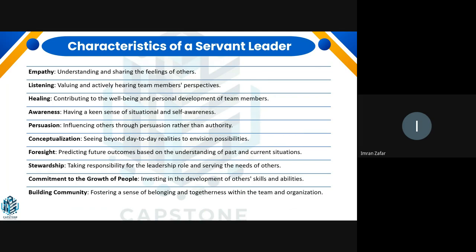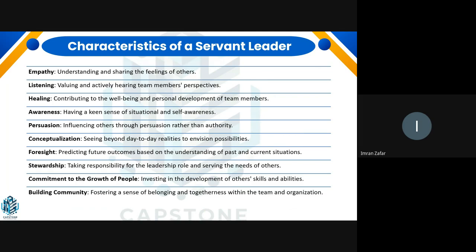And you need to commit, or have an aim, to grow your people. You train them, educate them, and you build a cohesive team that is aligned towards the overarching goal that you are trying to achieve.